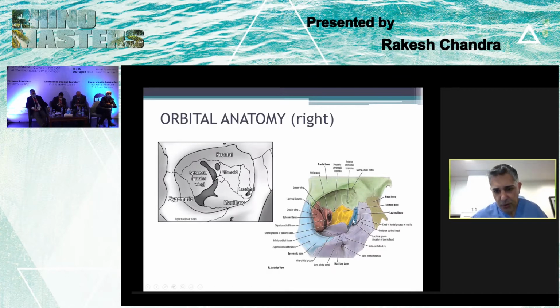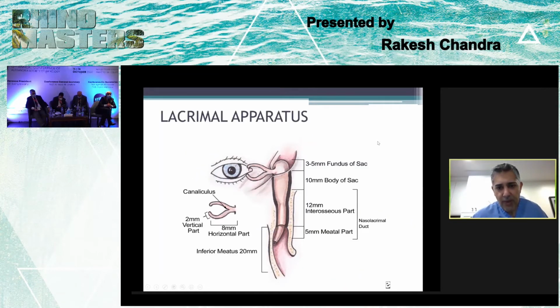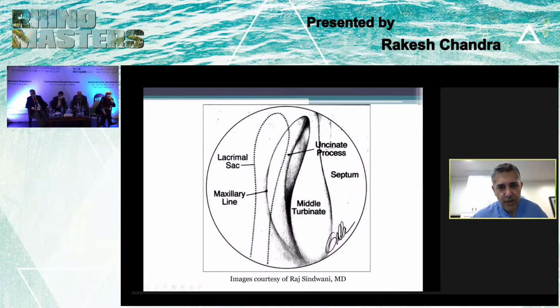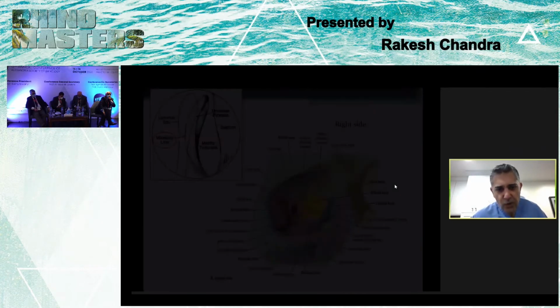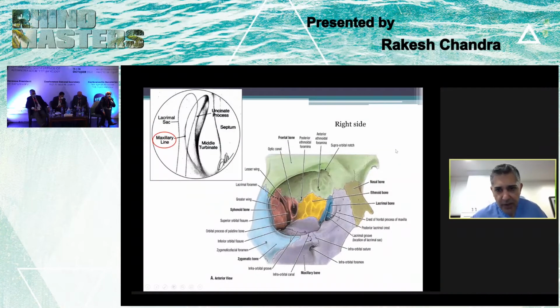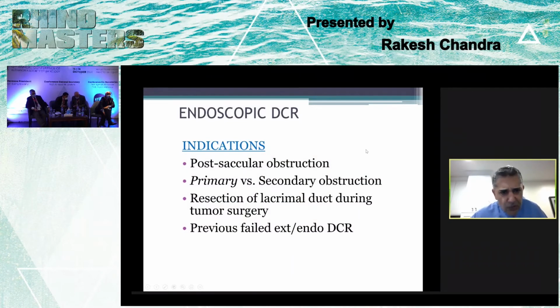So this is the posterior lacrimal crest. This is the anterior lacrimal crest. This is the lacrimal fossa. The lacrimal fossa is bisected by that maxillolacrimal suture line. And that's the suture line. That suture line correlates with the maxillary line in the nose. I showed you that here. So we're going to use that maxillary line as our primary landmark.